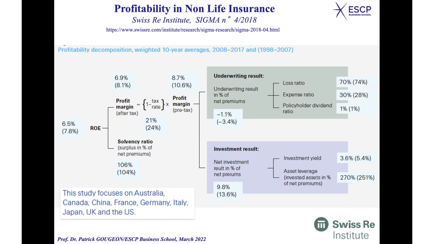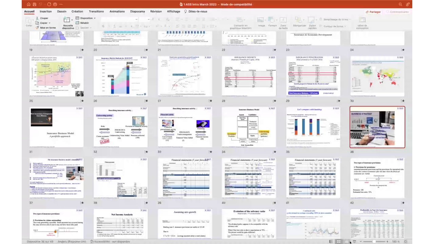So this describes rather well, on average, the non-life insurance business and how profit is made: negative underwriting results usually compensated by positive investment results, due to the huge amount of funds which managers can manage and invest. Okay, so I have finished with this simulation, and I hope that at the end of this you have understood the basics of the insurance business.